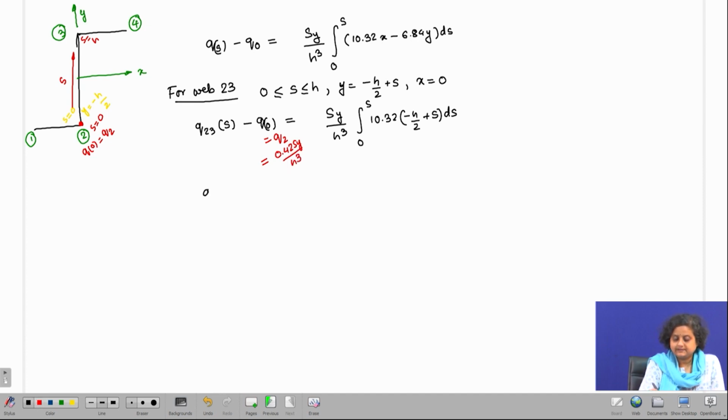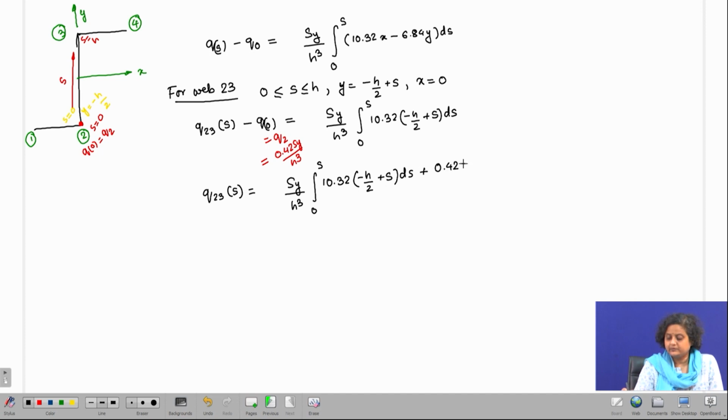Therefore, we can say that Q23S is going to be Sy by H cube integral 0 to S of 10.32 times minus H by 2 plus S ds, plus 0.42 Sy by H cube.